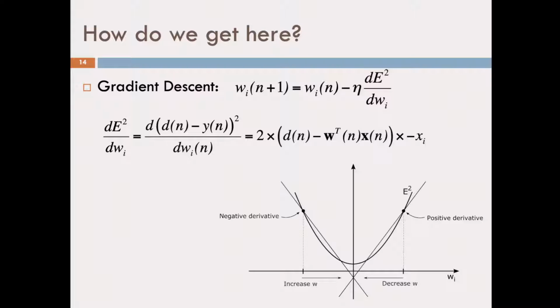If we do the derivation, what remains is that the desired output is a constant, so we can ignore it. So it's the desired output minus the predicted output. The predicted output, y, we already know how to calculate: it is the linear combination.